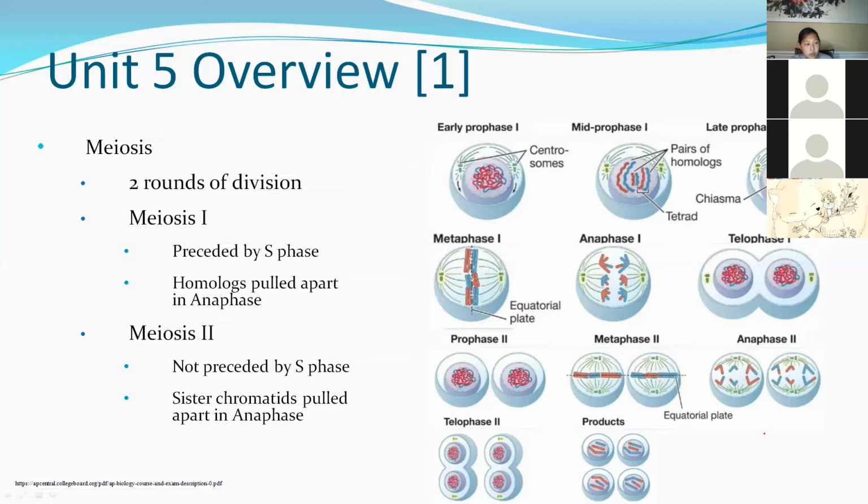The big difference between meiosis 1 and meiosis 2 is that in anaphase 1, here you can see there are 2 chromosomes and they're being pulled apart. While in anaphase 2, you can see that each chromosome is being pulled into sister chromatids instead. So that's the big difference between the 2 meioses.